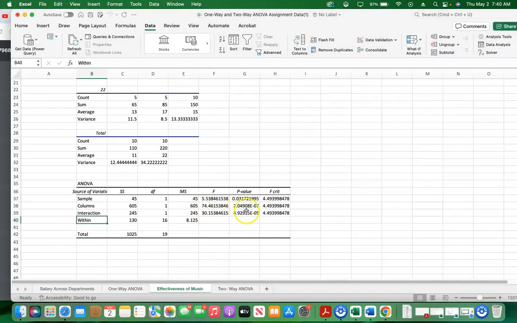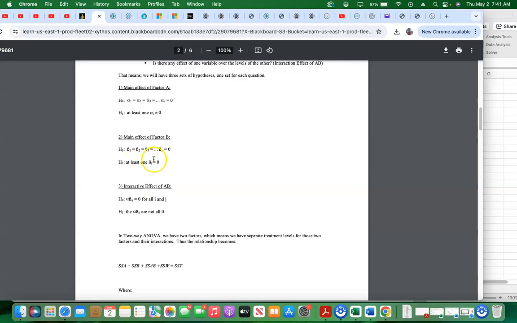The other one gives us 2.04908 E-07, meaning that we have 7 zeros before 0.49. So that means it's very close to 0. So we have a really good probability here, and that means in this case the main effect of factor B, the alternative hypothesis is actually proved, and therefore we can reject the null hypothesis.